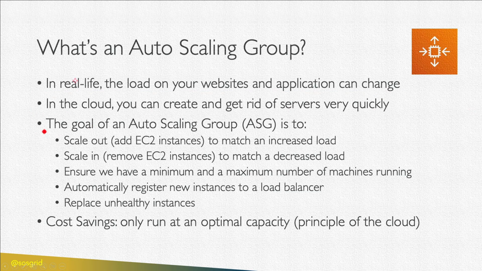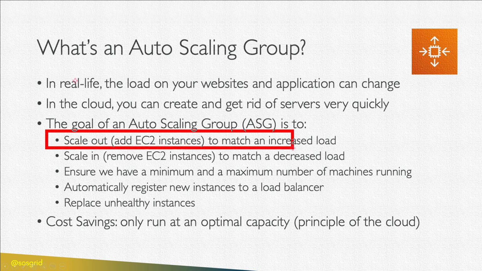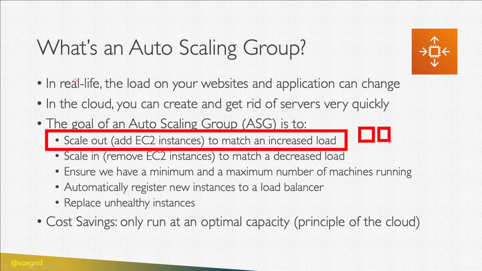The first thing which I explained is that you can actually scale out, okay, to match the increased load. That is, the more the traffic that comes to your website or application, the more EC2 instances are automatically created for you, right? You don't have to be there when it's created.